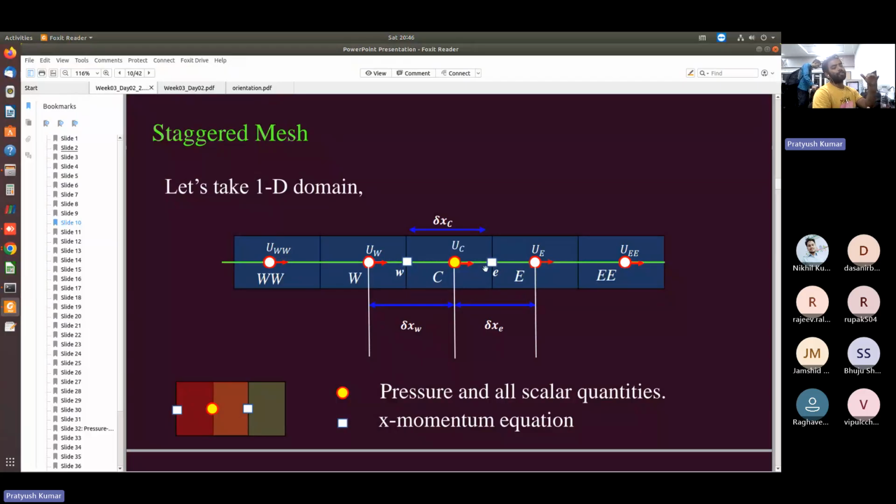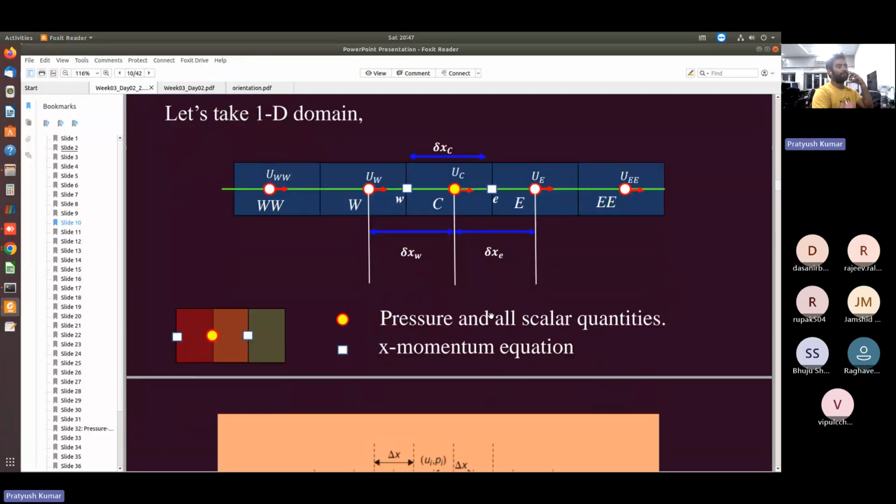This kind of approach is generally used in the finite element method, and this is known as staggered meshing: pressure and other scalar quantities at the cell center, but vector quantities, that is, the components u, v, and w, at the face center. But in OpenFOAM we don't use staggered meshing, because we take all the field variables at the cell center.